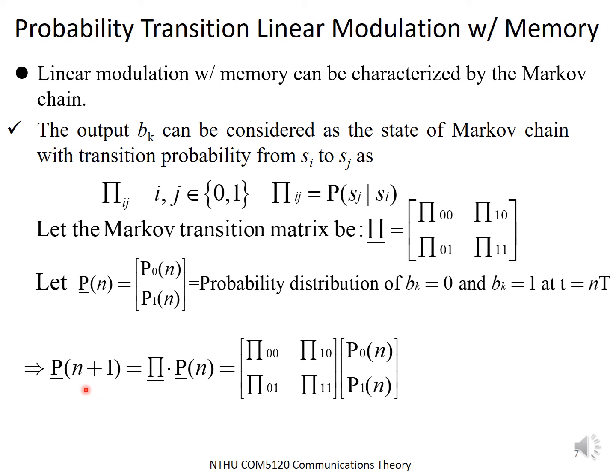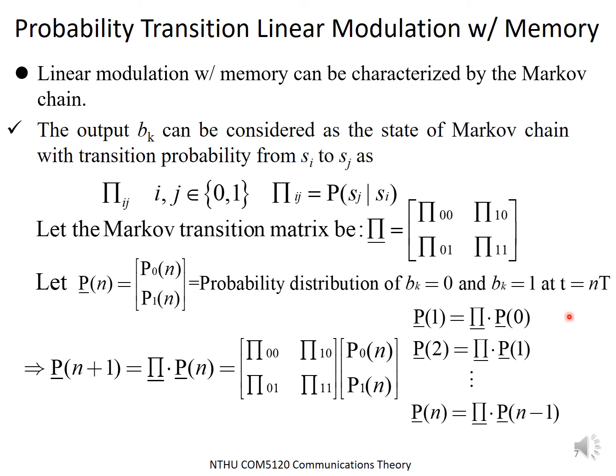So when we have a sequence of symbol transmissions, we can see the probability distribution changes over time. Say initially we have a probability distribution P0, and then in the next symbol we have the probability distribution P1.